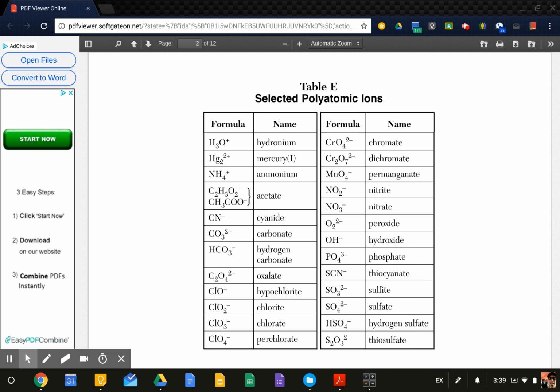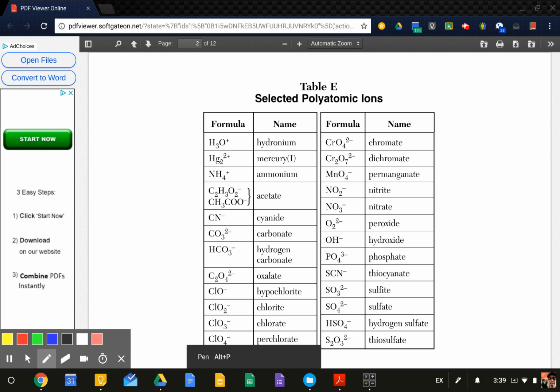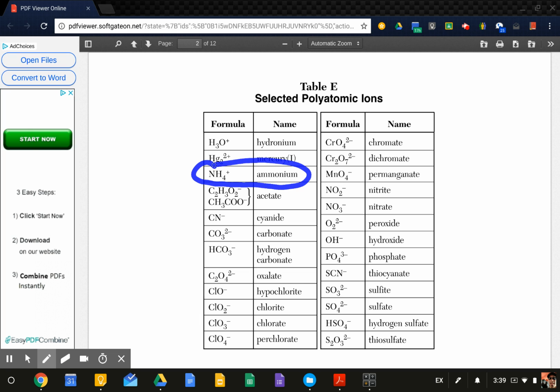Okay, so this is where you would want to look for this. Ammonium is a polyatomic ion on reference table E. There's ammonium. And if you look, ammonium is NH4 positive. So you have nitrogen, which is a nonmetal, with 5 valence electrons.